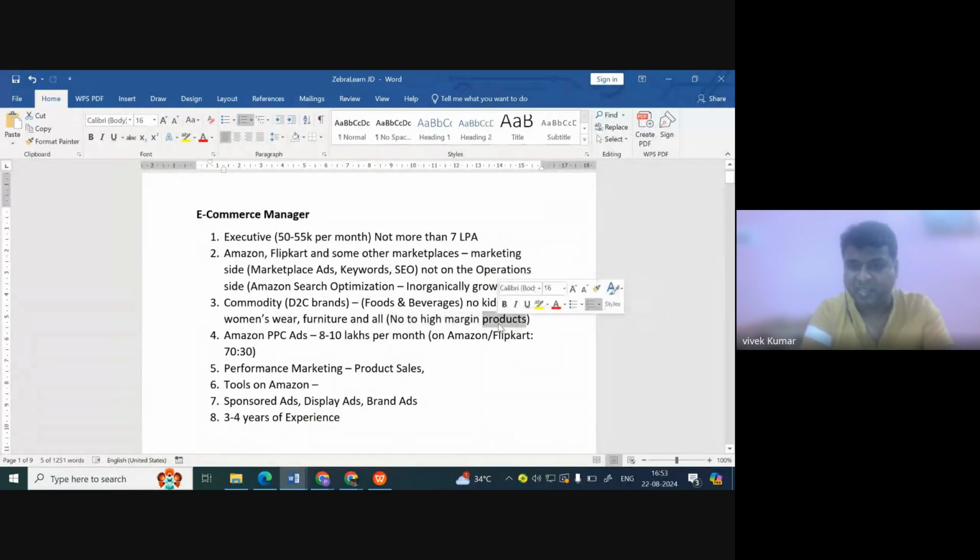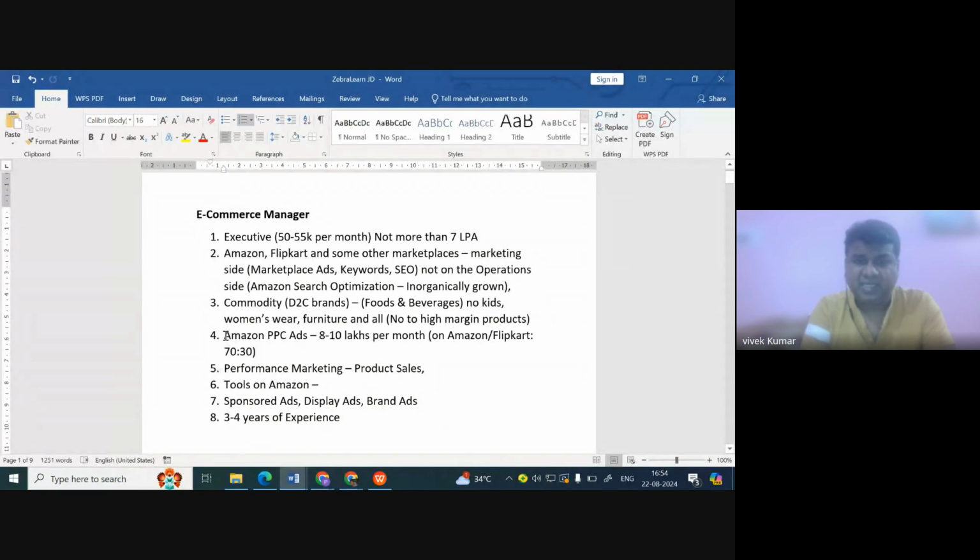But imagine if you're selling a garment for 3,000 and you're spending maybe 1,000 rupees on the ads, it doesn't make economic sense to the company. This is one thing that they highlighted, and they were very good at this. I would appreciate them for sharing all this information because it allows us to write the exact job requirements and to hire the right kind of candidates for them.